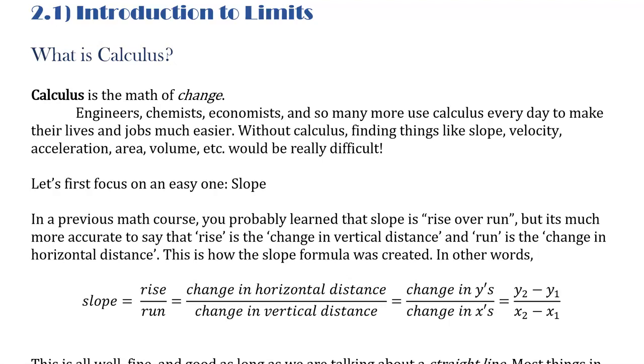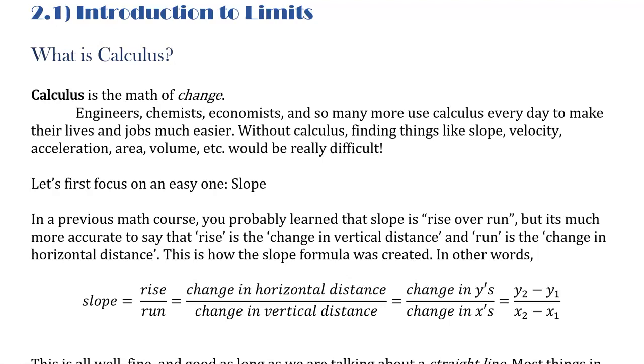So we are going to start with a basic one to help learn all the different definitions and symbols that we have to know for our calculus stuff, and that is slope. So in college algebra or some such, you probably remember that slope is rise over run, but that's actually not as accurate as you might think.